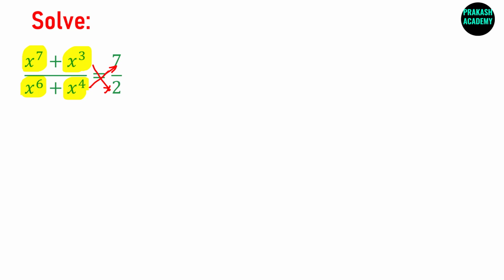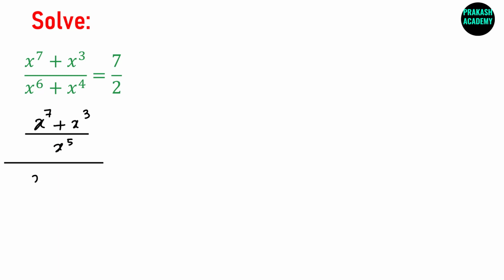What I will do is divide by x raised to the power 5 in the numerator and denominator. Why I am doing so, you will understand soon. So let us divide by x raised to the power 5 in the numerator as well as in the denominator, and this is equal to 7 by 2.